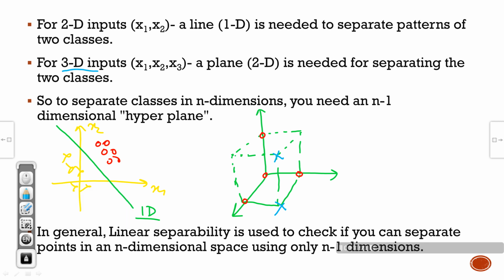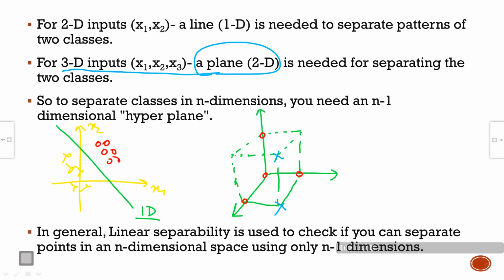So for three-dimensional inputs to be separated, a plane is required, and a plane is nothing but a two-dimensional figure. And if you go beyond this, it will be x1, x2, x3, x4, x5, etc. So a neural network can have any number of inputs.